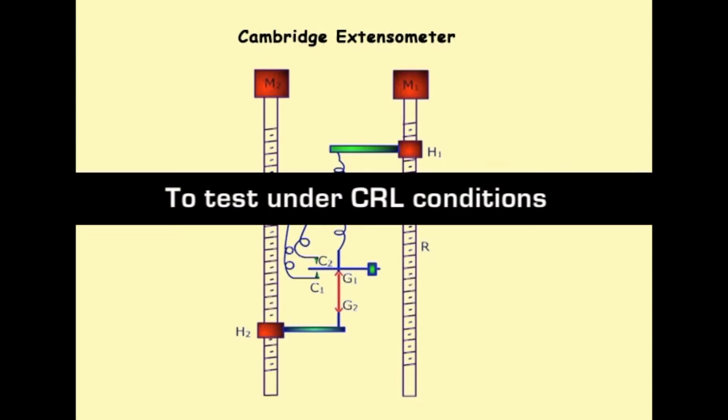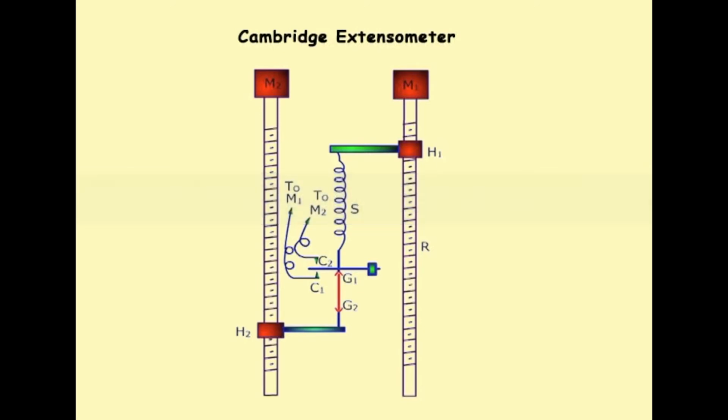To test under constant rate of loading conditions, the motor M1 runs continuously, the rate of loading being controlled by the speed of rotation of the screwed rod and the stiffness of the spring. Motor M1 is switched on and the holder H1 moves upwards at a constant speed. The spring extends and the load is applied at a constant rate by doing so.